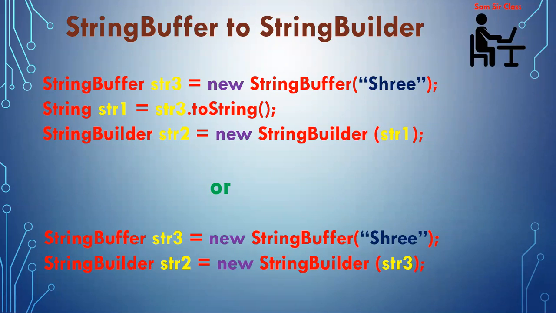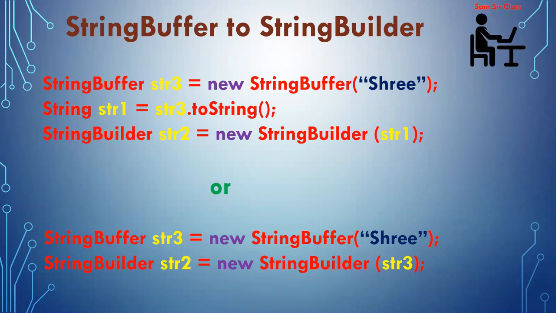So here the conclusion comes: first of all you should know what your objective and requirement are. If you don't want to change the content of your string, then you have to go for the string class. If you want to change it, then you have to go for the string buffer or string builder class. If you need to focus on synchronization, go for string buffer.